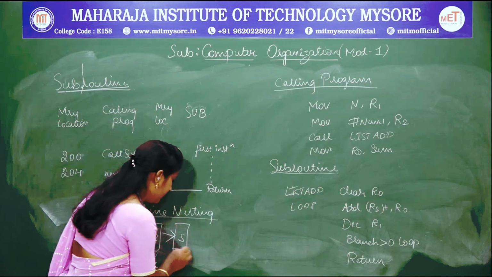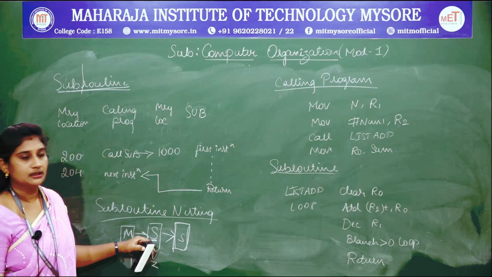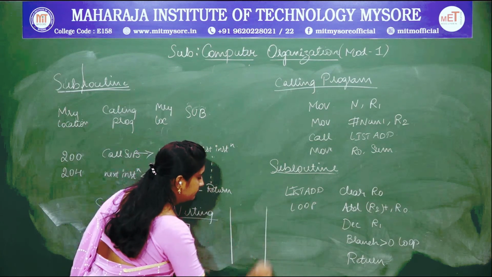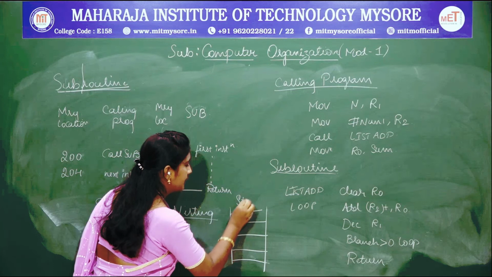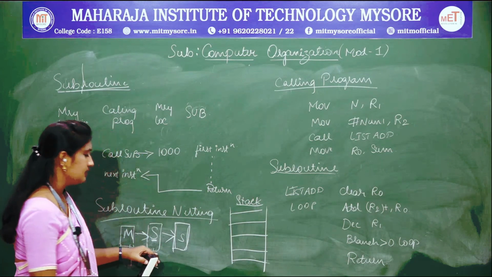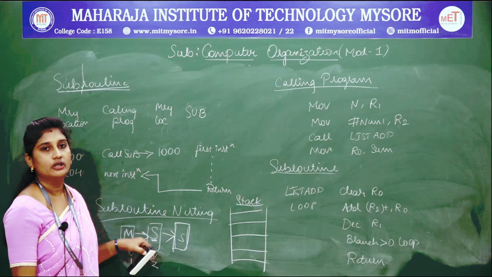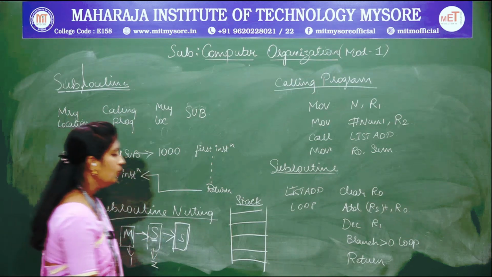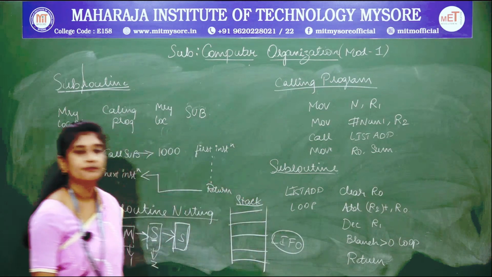So that is why you will be storing these memory addresses in a type of data structure called stacks. Why? Because the last address which is stored will be the first one to return back, isn't it? So you will be using the LIFO order.